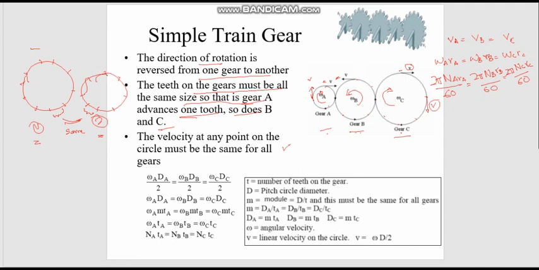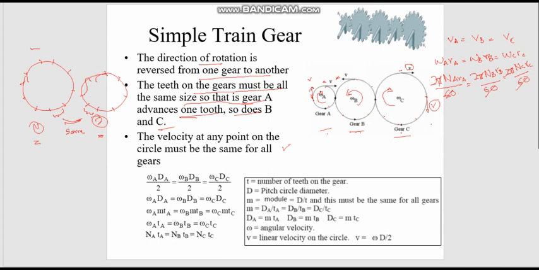So I can simplify this equation by cancelling 2 pi and 60, and what I have is N times 2r. Two times the radius equals the diameter d.